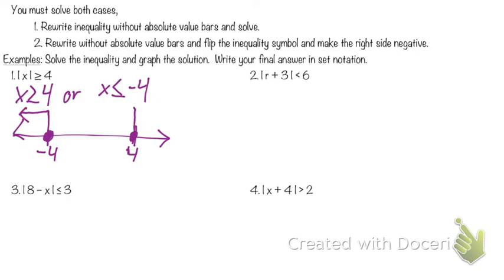For x is greater than or equal to 4, it would go to the right. And so does this look more like an and or an or? It does look more like an or. So that's one way we can know it's an or. Our set notation is x such that x is less than or equal to -4, or x is greater than or equal to 4.